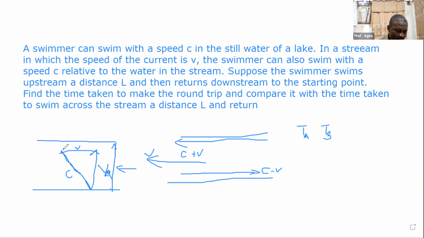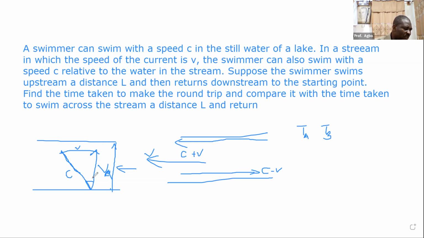So the swimmer must aim at an angle upstream so that the upstream component of his velocity compensates the stream speed downstream.